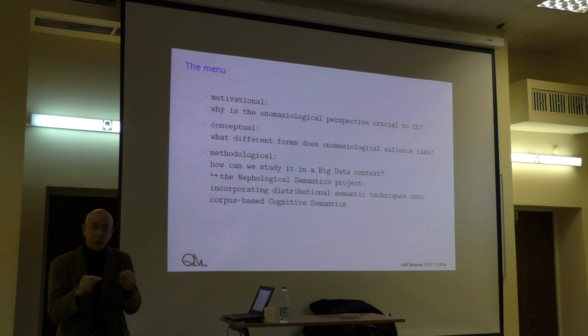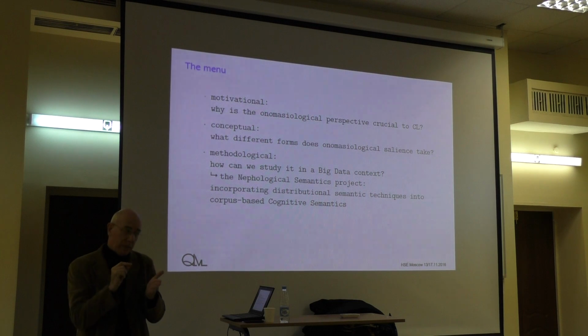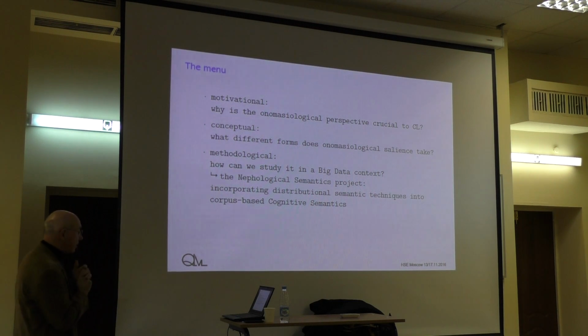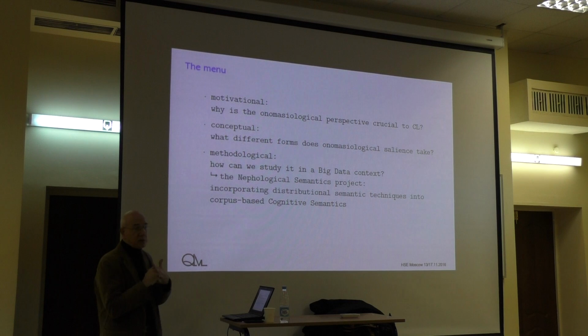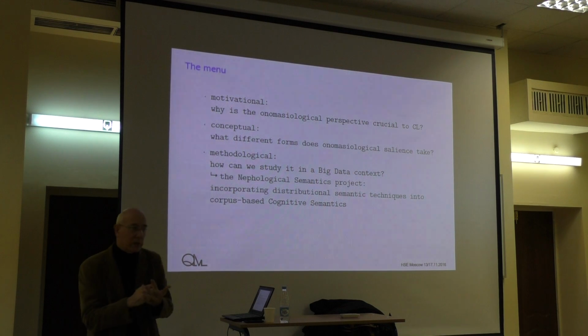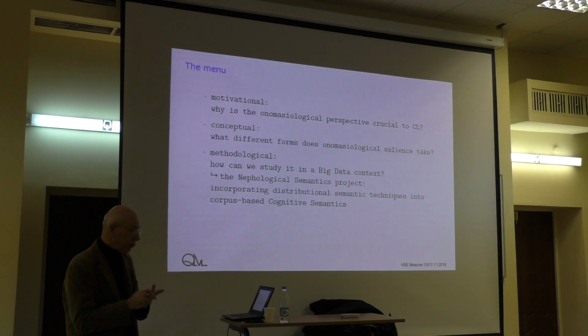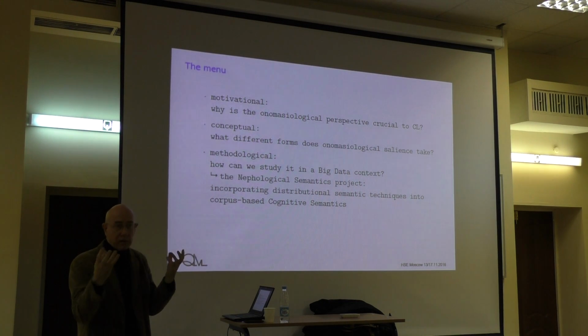Then, importantly, when we're going to study variation, is the question, what different forms does onomasiological salience take? Now, a word about salience. With salience, I will be referring to the preferences that would exist for a certain category rather than the other.